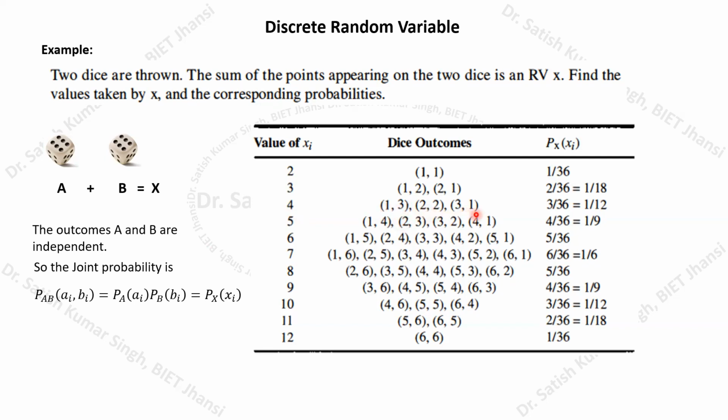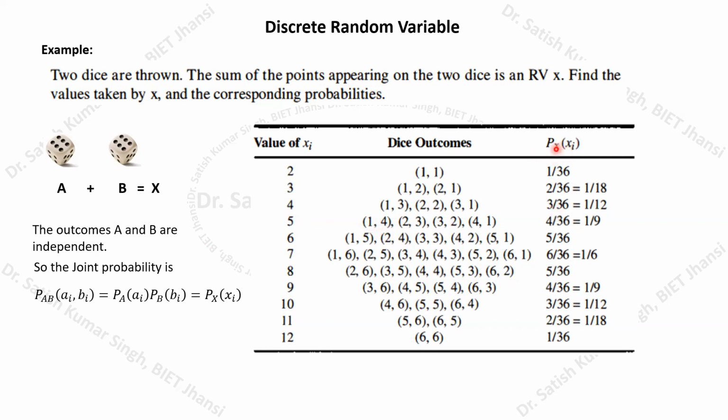Because there are three possible ways, the probability will be 3 by 36. Similarly for 5, there are a total of 4 possible ways, so it will be 4 by 36. For 6 there are 5 possible ways, so it will be 5 by 36, and so on. This way we can calculate the probability P_X(x_i).